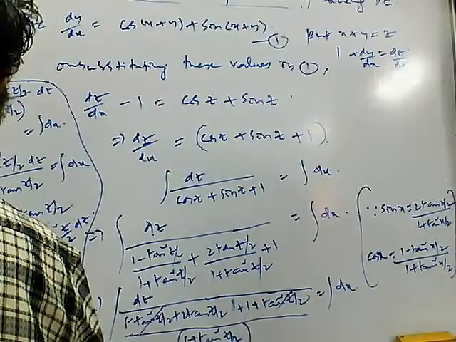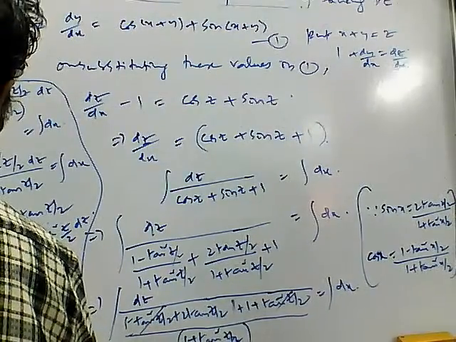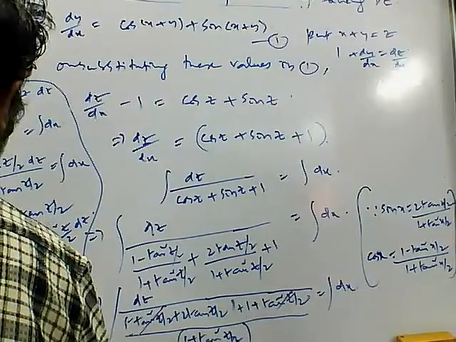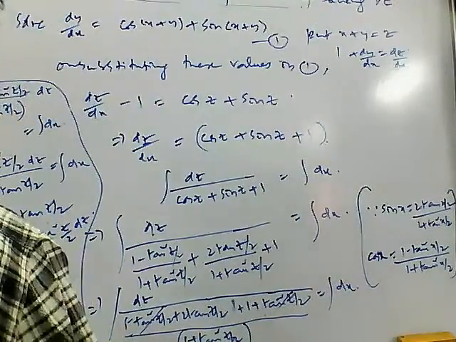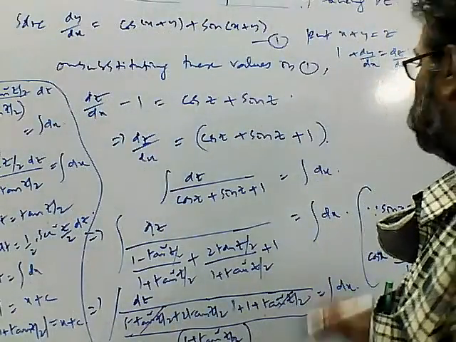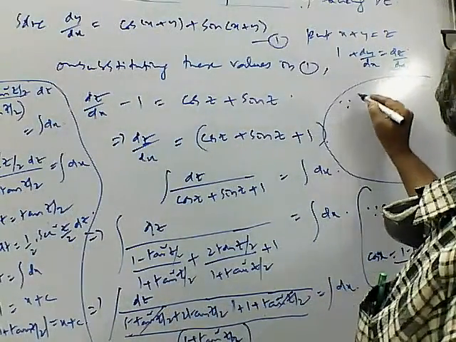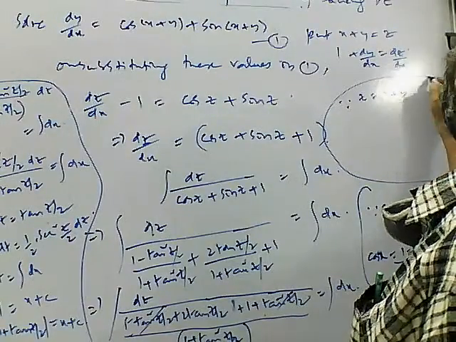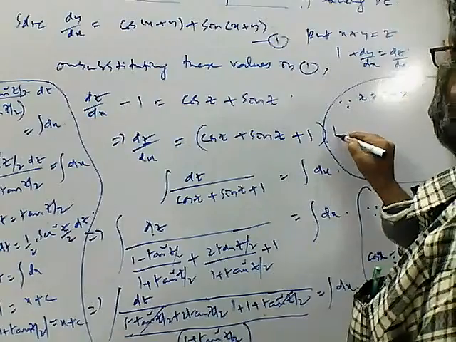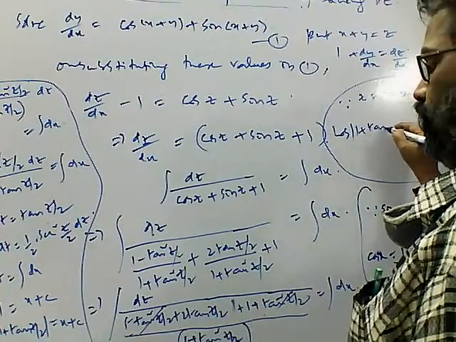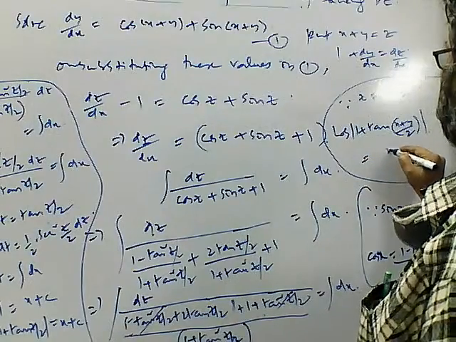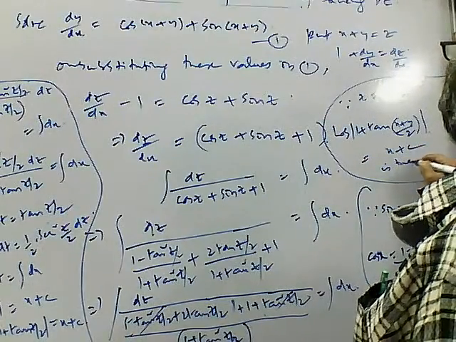Log|t| = x + c. So log|1 + tan(z/2)| = x + c. Again, z you have to substitute, since z = x + y. Log|1 + tan((x+y)/2)| = x + c is the solution.